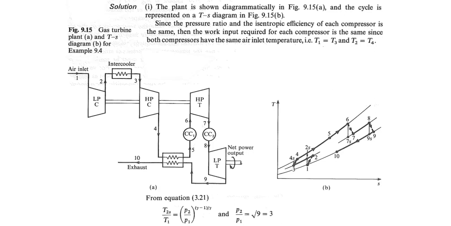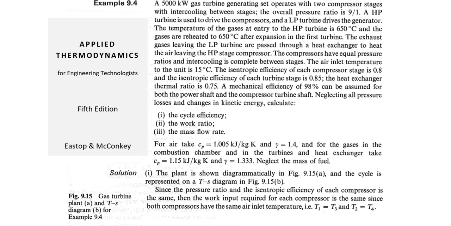The regenerator, or the heat exchanger as it is called in this example, has an effectiveness of 75%. So we need to find the thermal efficiency of the cycle, the work ratio, and the mass flow rate.